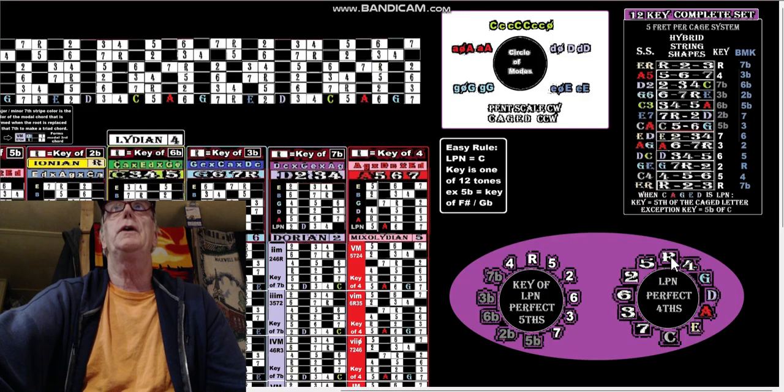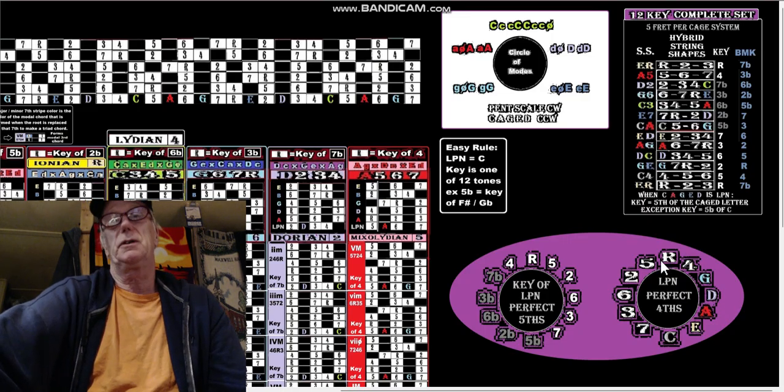So no matter where that root starts, key of C, it goes C, F, B flat, E flat, A flat, D flat, G flat, and then B, and then E, and then A, and then G, and then back to C. In perfect fourths, just circle of fourths.